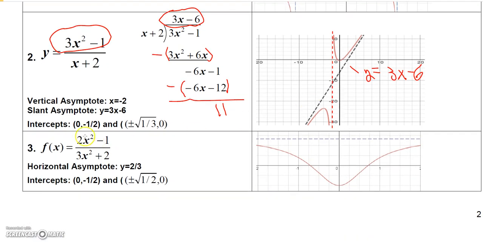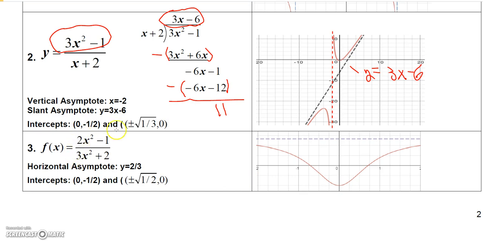Okay, this is another one that we looked at earlier. So in this one, we knew that this one had a horizontal asymptote of y equals 2/3, and so there's the horizontal asymptote y equals 2/3. And then we know that when x was 0, it crossed the y-axis at -1/2, so that would be right there.